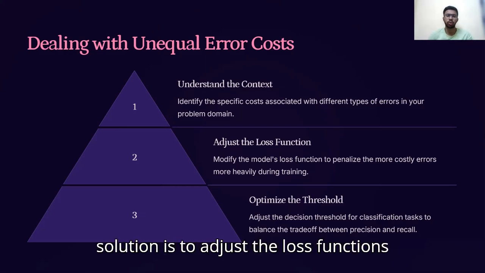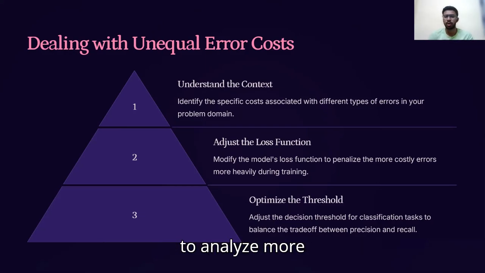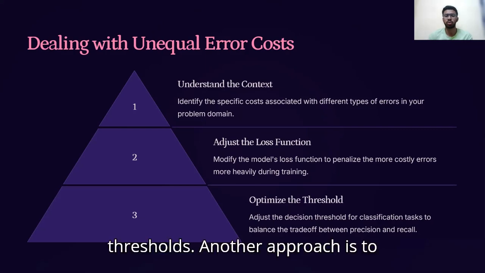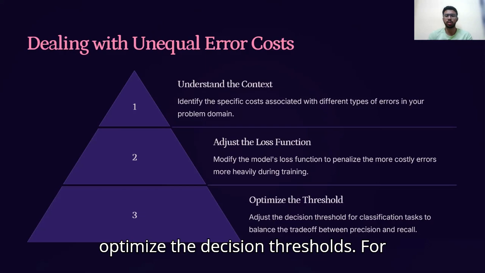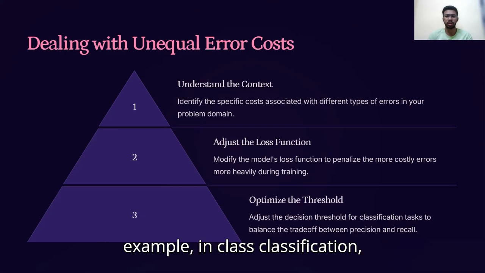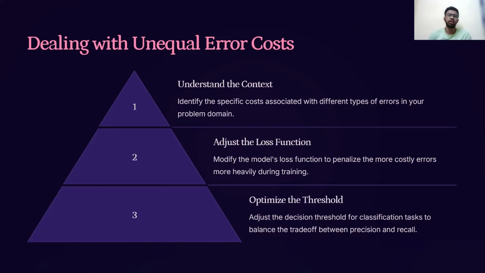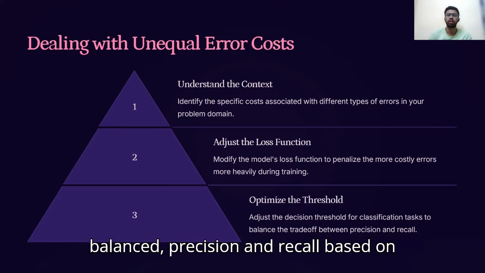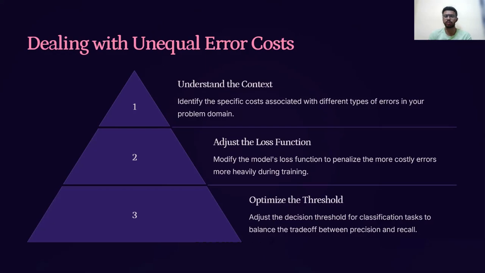One solution is to adjust the loss functions to penalize more costly errors more heavily. Third, we have optimize the thresholds. Another approach is to optimize the decision thresholds. For example, in classification, adjusting this threshold can help balance precision and recall based on your needs.